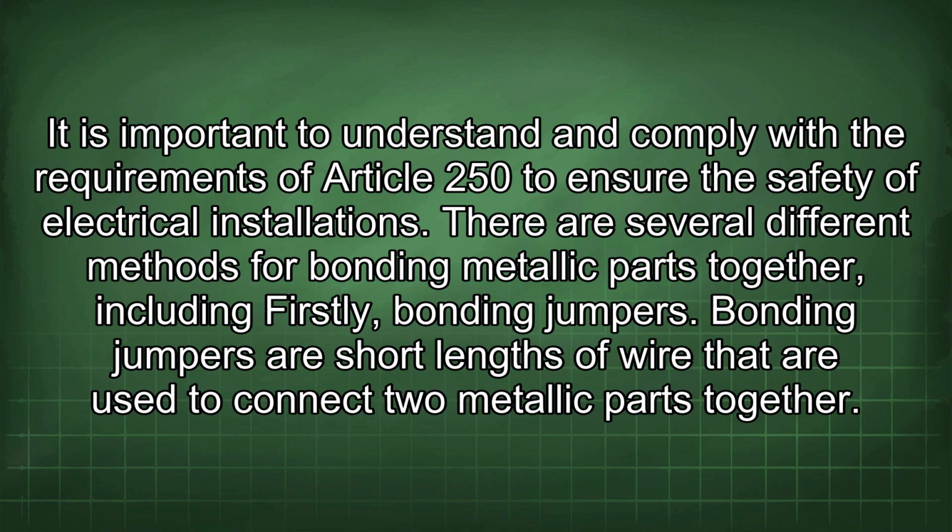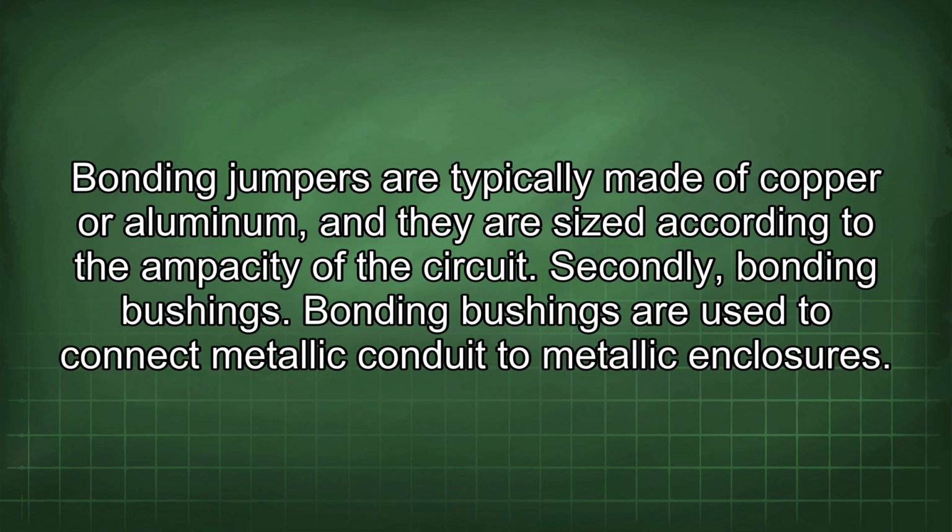There are several different methods for bonding metallic parts together, including, firstly, bonding jumpers. Bonding jumpers are short lengths of wire that are used to connect two metallic parts together. Bonding jumpers are typically made of copper or aluminum, and they are sized according to the ampacity of the circuit. Secondly, bonding bushings. Bonding bushings are used to connect metallic conduit to metallic enclosures.